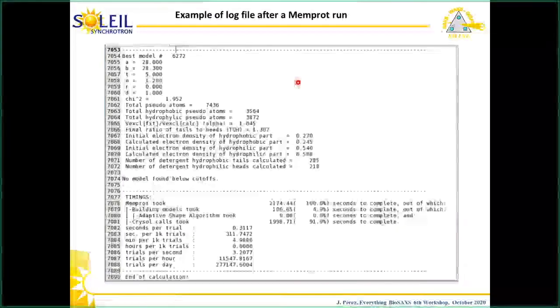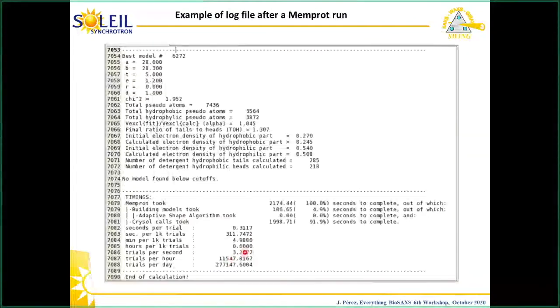So this is an example of a log file after a Memprot run, where it tells you how much time it took to complete it, and it selects the best model, so with the best chi-square, and tells you how many detergent hydrophobic tails would be calculated from it, and how many hydrophilic heads would be calculated from it.